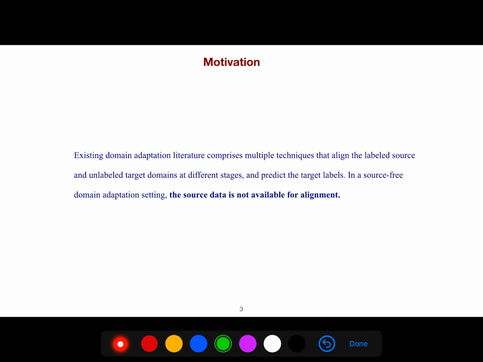Existing domain adaptation literature comprises multiple techniques that align the label source and unlabeled target domains at different stages and predict the target labels. In a source-free domain adaptation setting, the source data is not available for alignment.